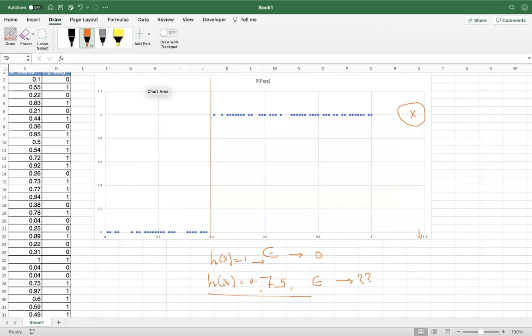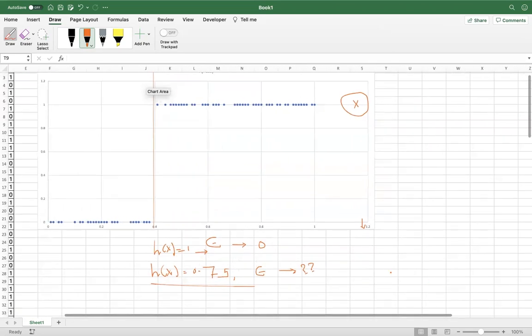When I say my prediction of that student passing the exam is 0.75, what does that mean? You're 75% sure that he's passed, which means there is a 25% chance of error. So there is some error associated, right? Let us not say how much, we'll calculate that later, but there is some error associated.